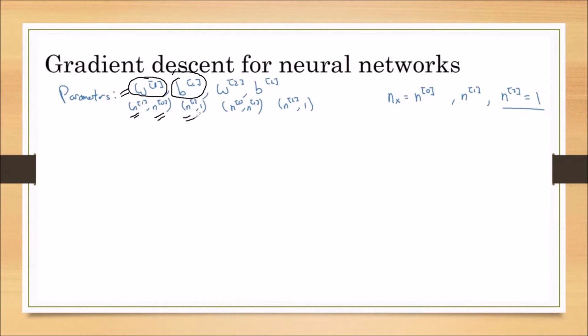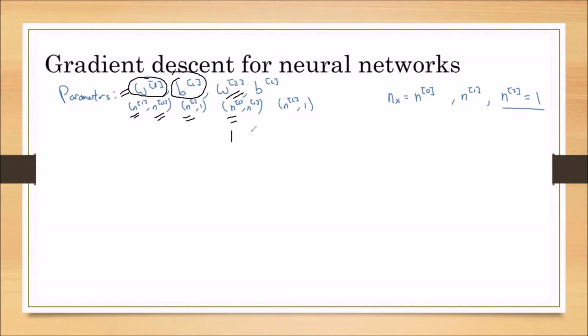Similarly, when we are calculating the W superscript 2, the number of rows of W superscript 2 is decided by the number of activation units in the second layer. The number of activation units in the second layer is 1, so this is 1. And the number of columns of W superscript 2 is decided by the number of activation units in the first hidden layer.